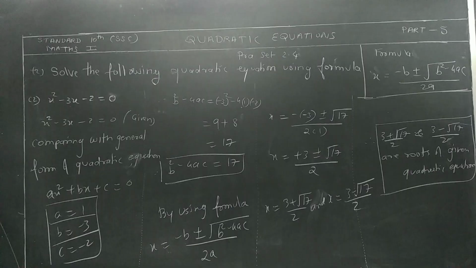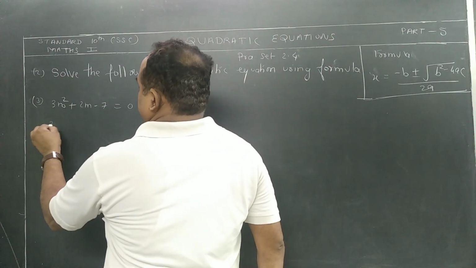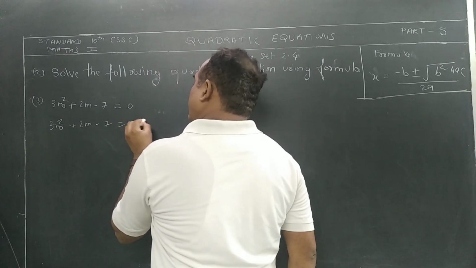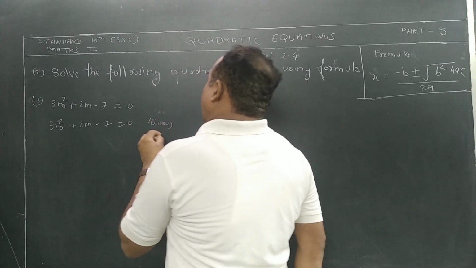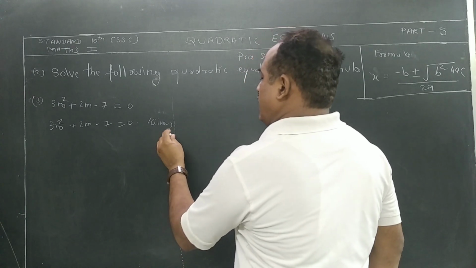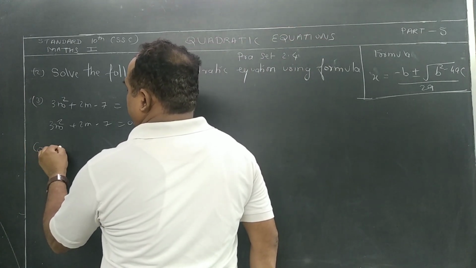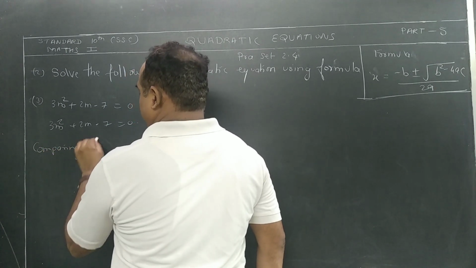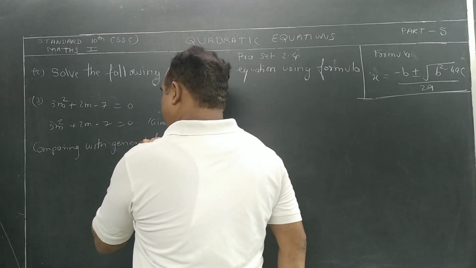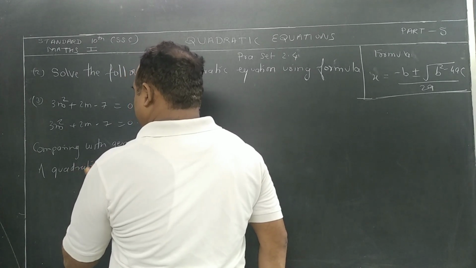Okay. Question. 3n square plus 2n minus 7 is equal to 0. It is given. And now we are going to compare it with the general form of quadratic equation.